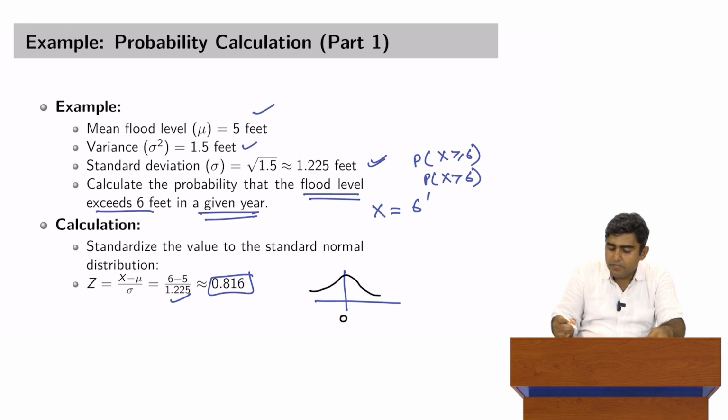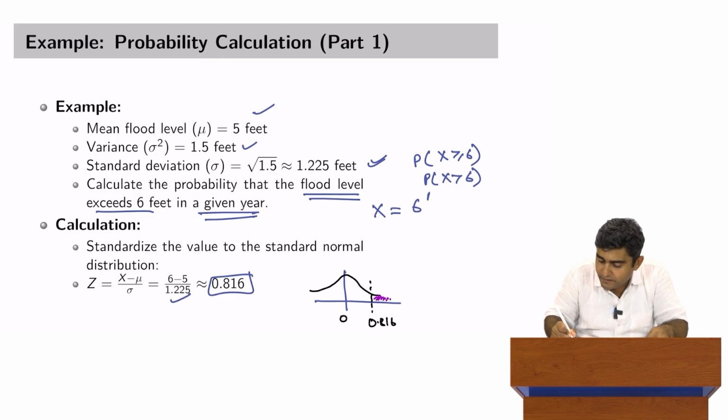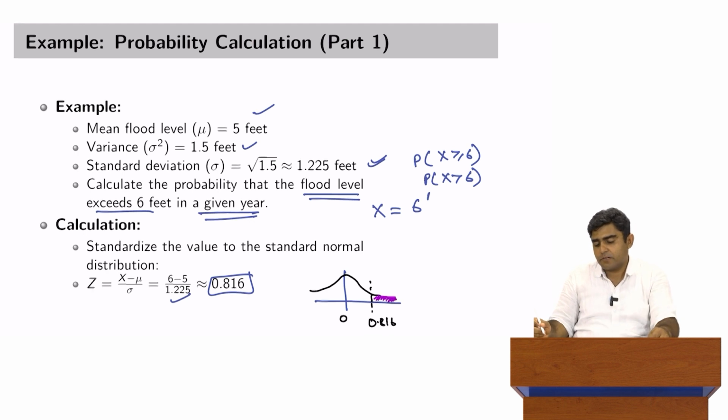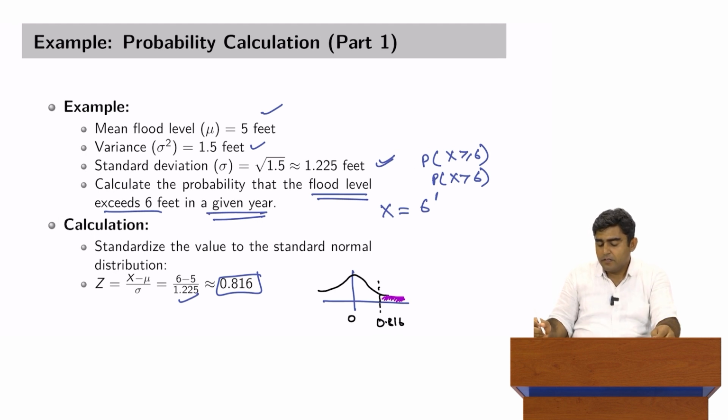I will mark the mean as 0, and now the Z value is 0.816. And in the question it is asked the probability of X greater than or equal to 6. I will immediately highlight the area of interest, which is purple in this particular case.